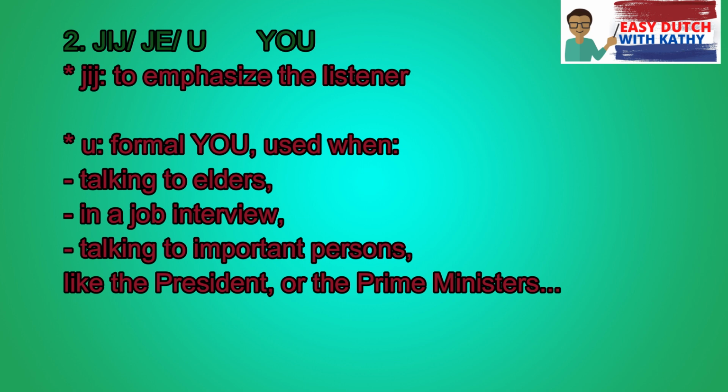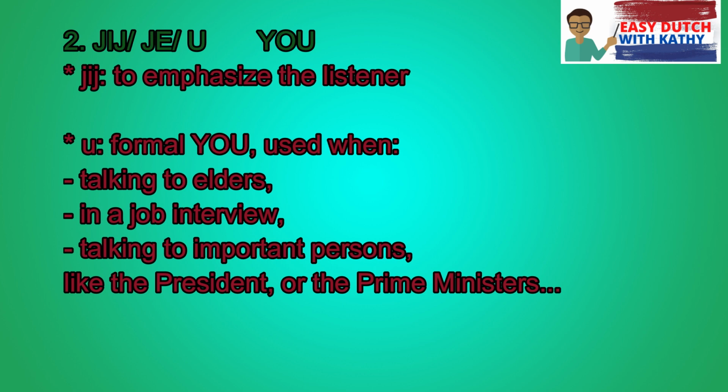For example, you can use u in the 3 following situations. First situation, when you are talking to older people, you should use u, showing your respect. Or second, you are in a job interview. You should address the interviewer with u the first time.